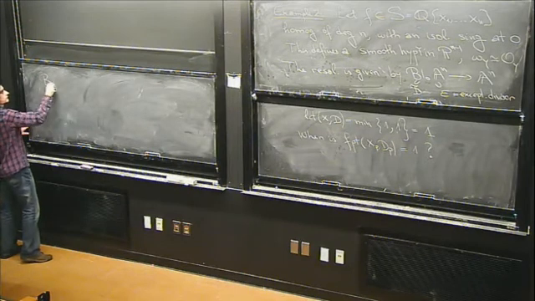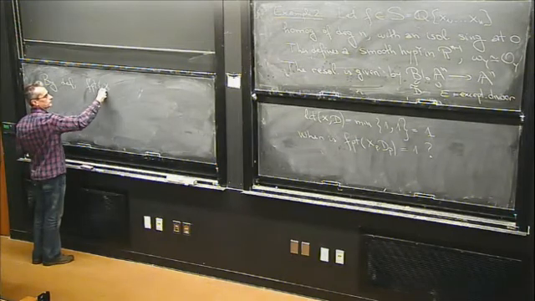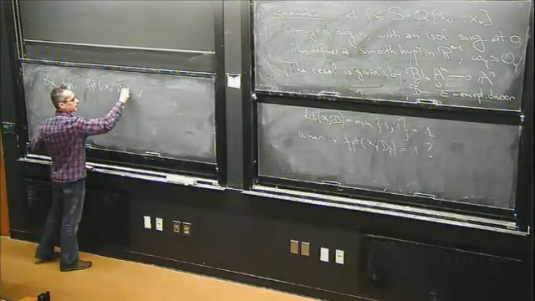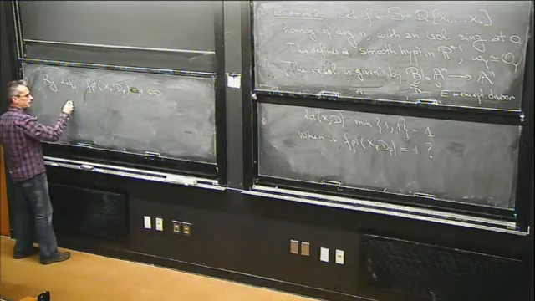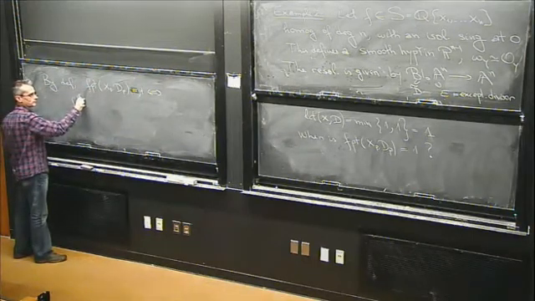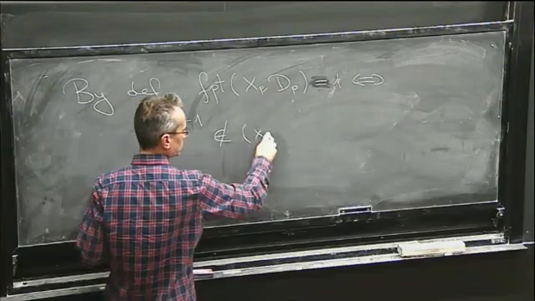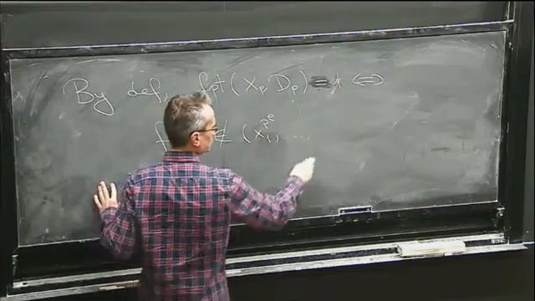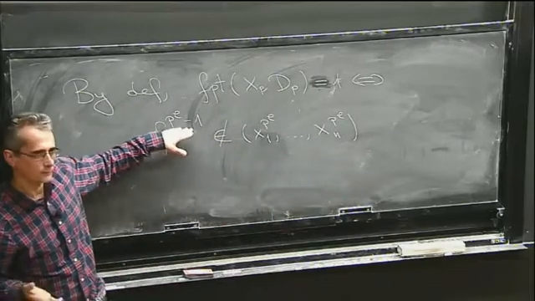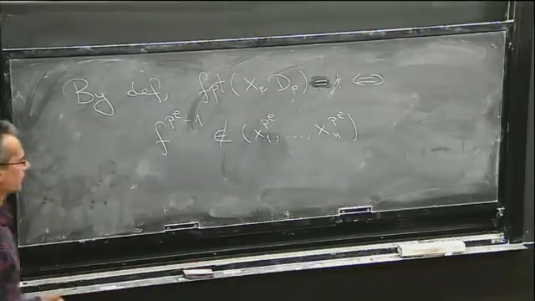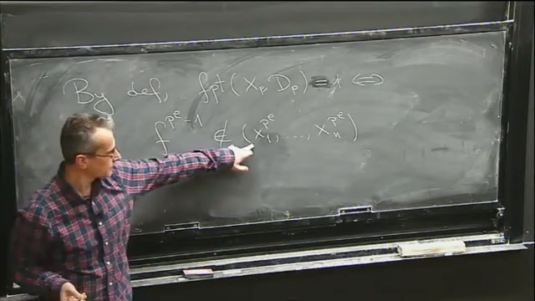By definition, fpt of (X_p, D_p) in this case is greater than or equal to 1 if and only if the following holds: whenever I take f to the power p^e minus 1, this is not in the ideal generated by x_1^(p^e), ..., x_n^(p^e). I didn't divide by p^e, but it's exactly the same property that Kevin had. All right, but now note, how does this polynomial look, let's say modulo this ideal?